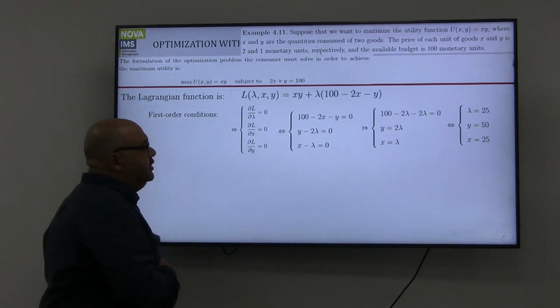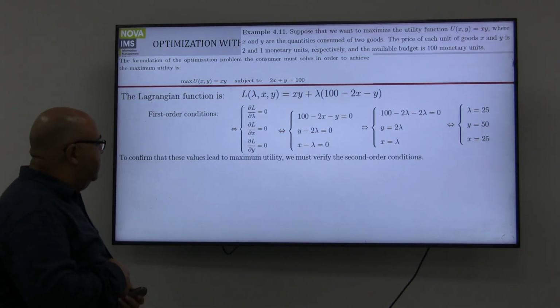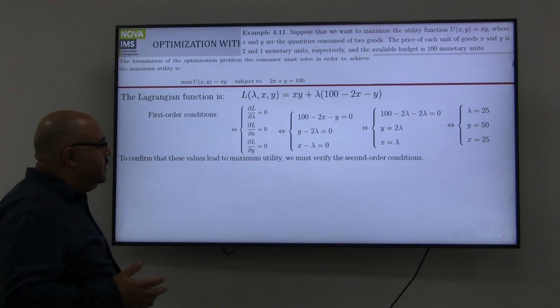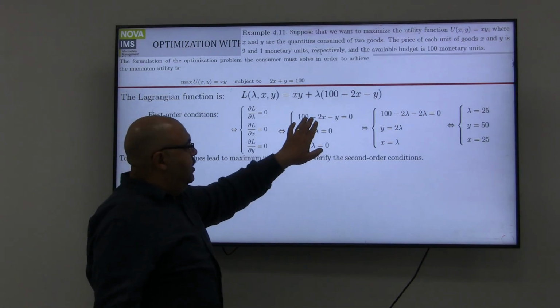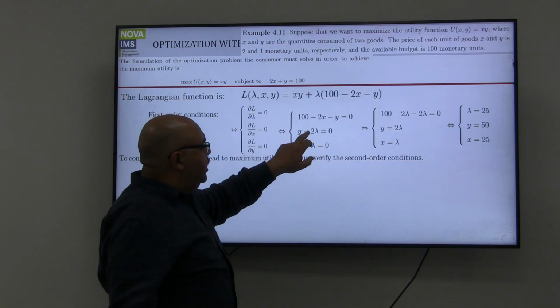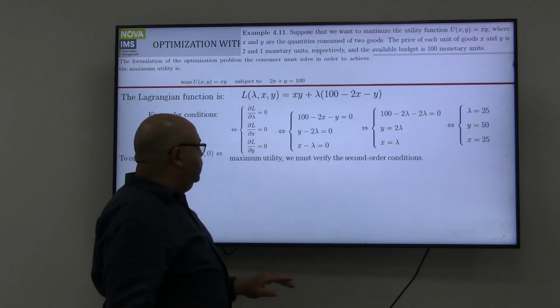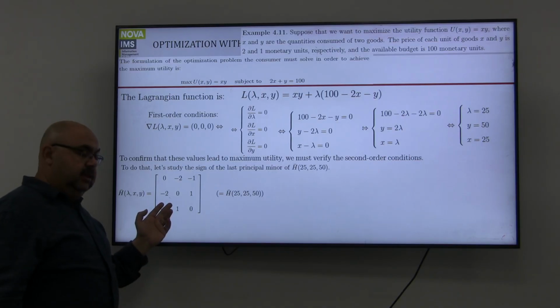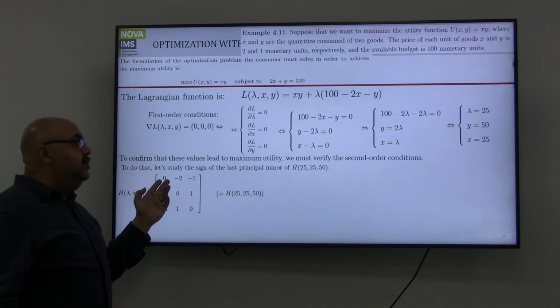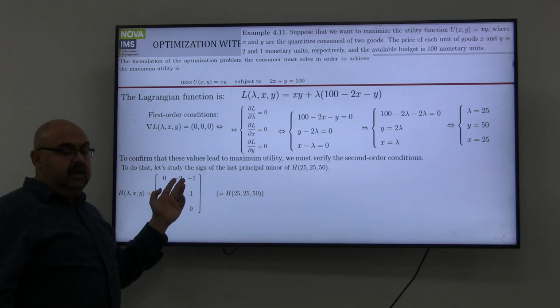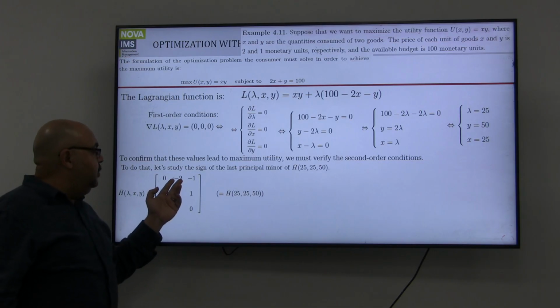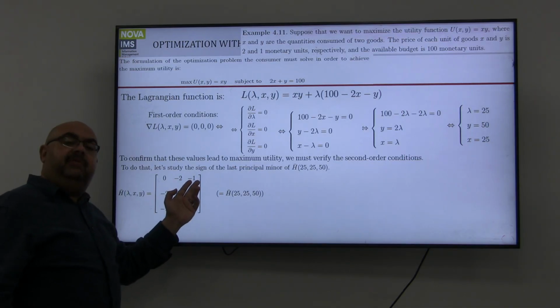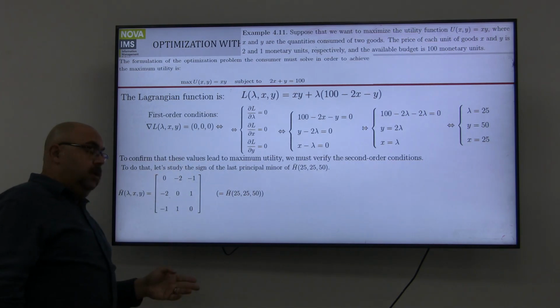I will start to get the second derivatives for the Hessian matrix by differentiating another time and differentiating each one of them in order to formulate my Hessian determinant. This is the second derivative of L with respect to lambda, then with respect to x, the second derivative of L with respect to lambda first, then with respect to y, and so on.